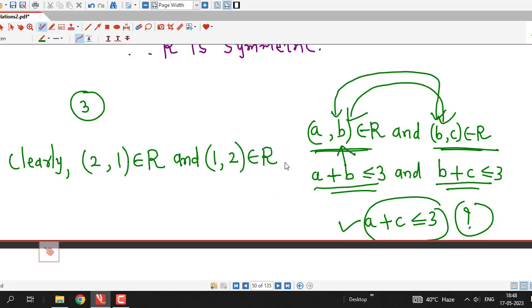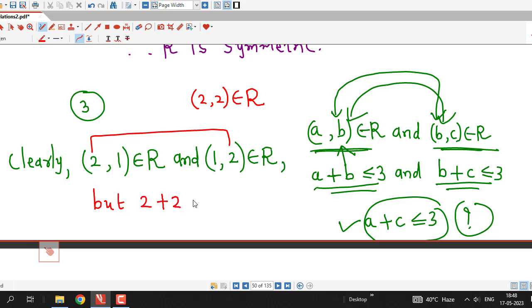Now if the relation is transitive, then we must have (2, 2) belongs to R. Now (2, 2) belongs to R if 2 + 2 is less than or equal to 3, but we know that 2 + 2 is not less than or equal to 3. 2 + 2 is equal to 4 and it is greater than 3.